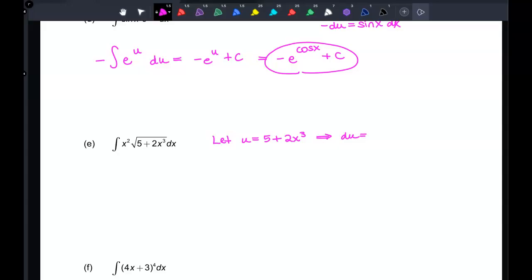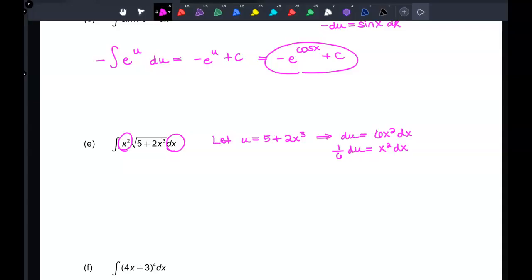Okay, what is du equal to? 6x squared. Okay. So in the last problem, I had to get rid of the negative. In this case, I have to compensate for the 6. So I'm going to replace 1/6 du with x squared dx.